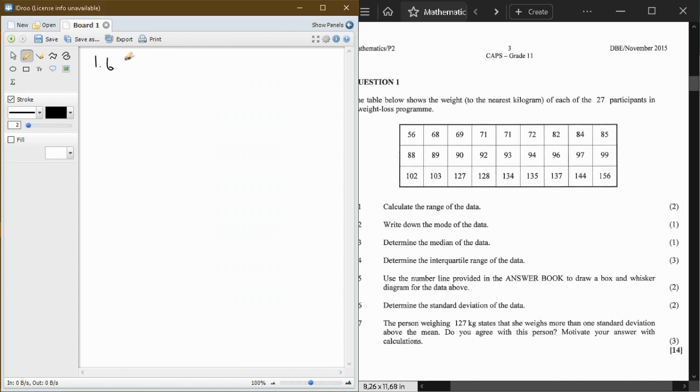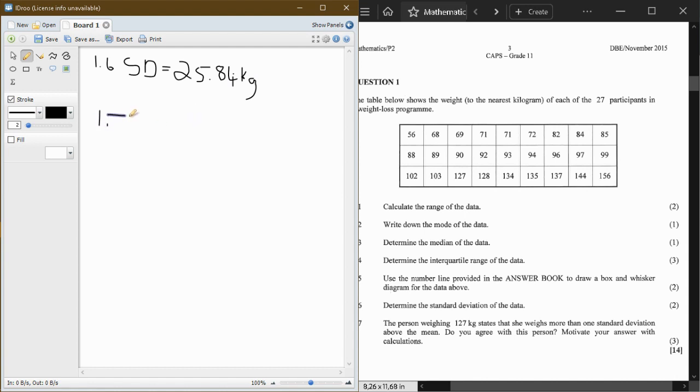So our standard deviation will be equal to 25,84 kilograms. Now you get your 2 marks.